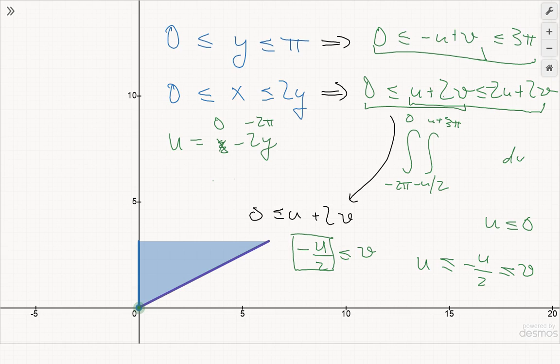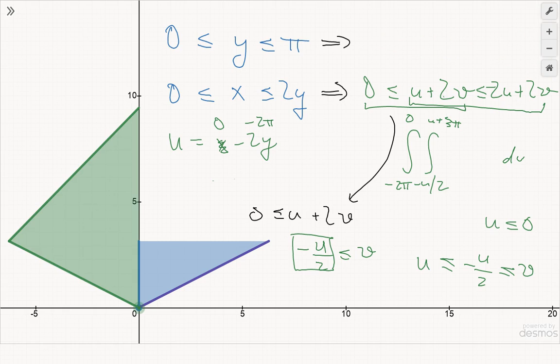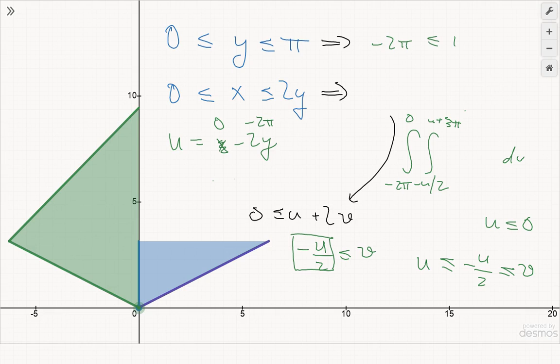Okay, so to sum up, our bounds for u and v are as follows: negative 2 pi less than or equal to u less than or equal to 0, and negative u over 2 less than or equal to v less than or equal to u plus 3 pi.